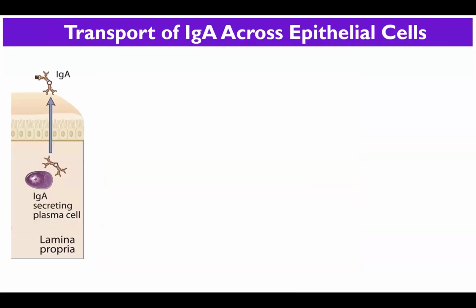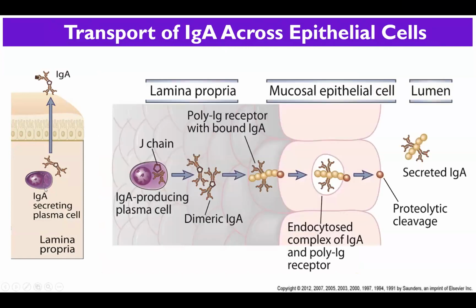The question is, how do the IgAs get from the lamina propria to the lumen? It's actually a very simple but very neat mechanism, whereby the secretory IgA, which is dimeric, and what makes it a dimer is that it has J chain, which brings these two monomers together.